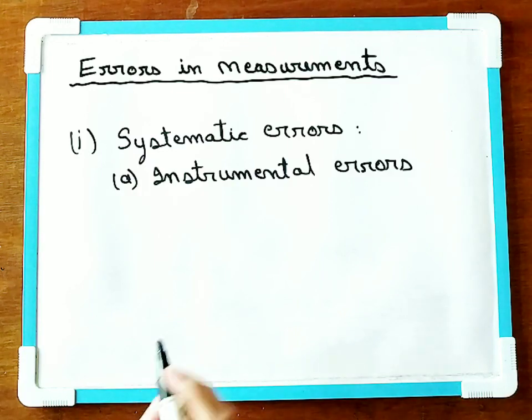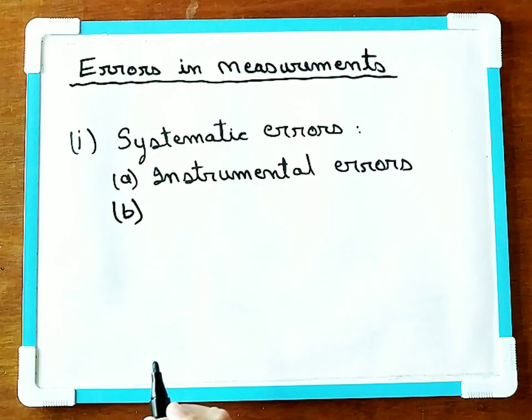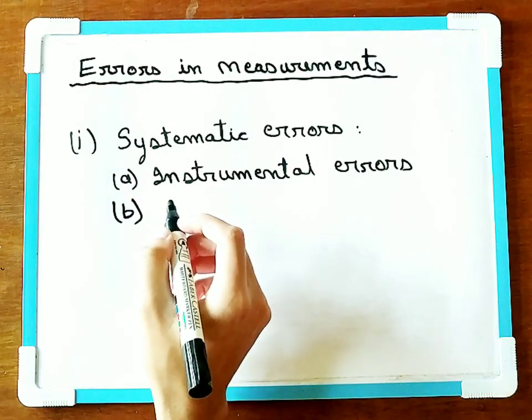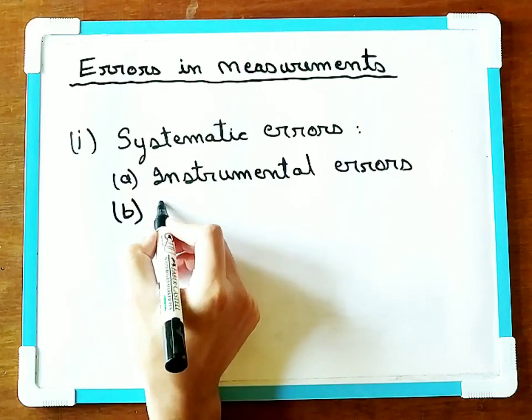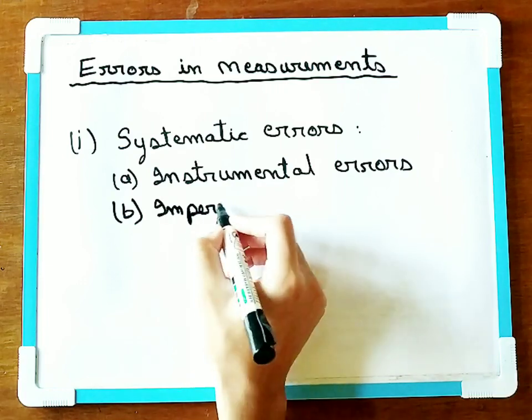And the second source of systematic errors is imperfection in the experimental methods or procedures that we follow in performing an experiment.